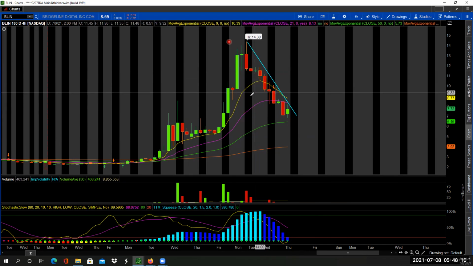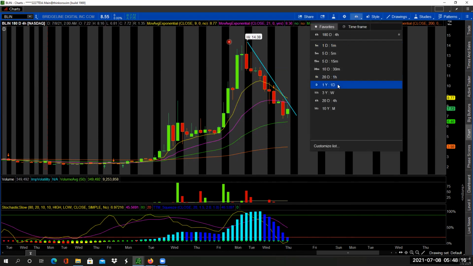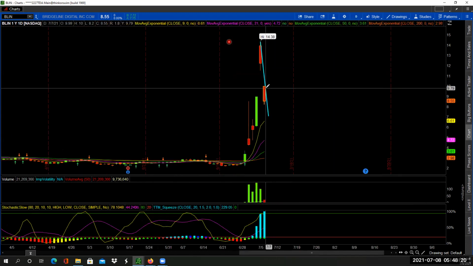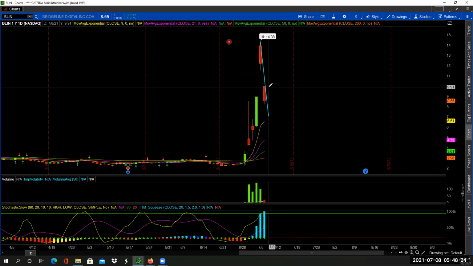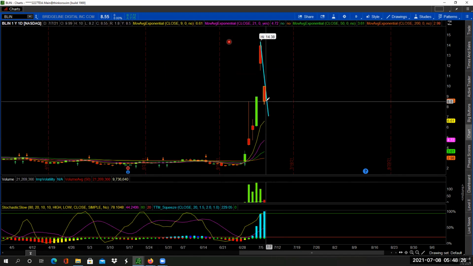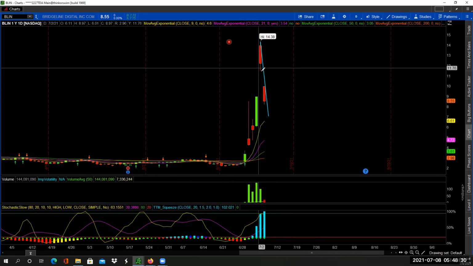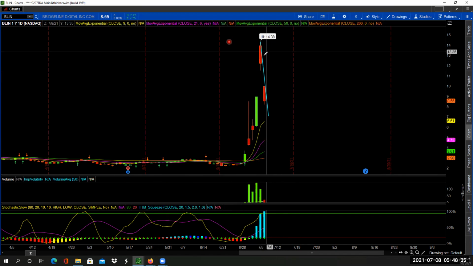I'm not too sure about this stock. I haven't really heard about it, but let's look at the daily here. We gap down and we have a gap fill to the upside, but we had a really huge spike.